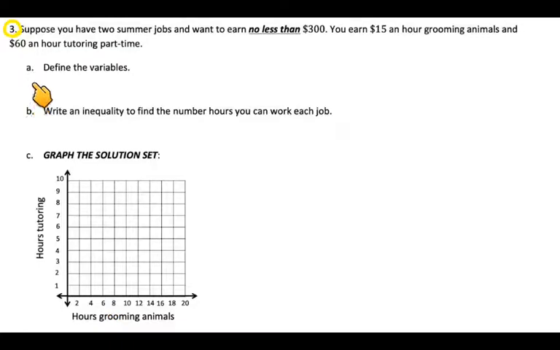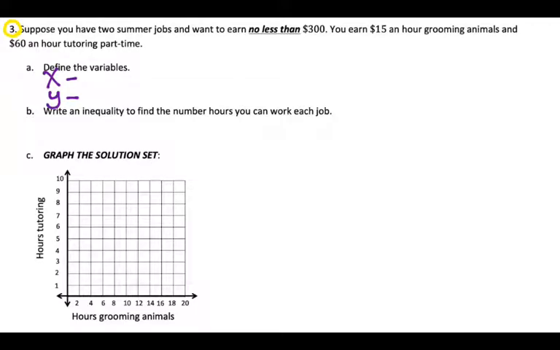So the first thing we want to do is to define our variables x and y. We've actually done this before, so this part is not necessarily new, but x represents something in the situation and so does y. For our purposes today, I want us to actually define our variables based on the graph. So the graph down here is going to let you know what x represents and also what y represents.